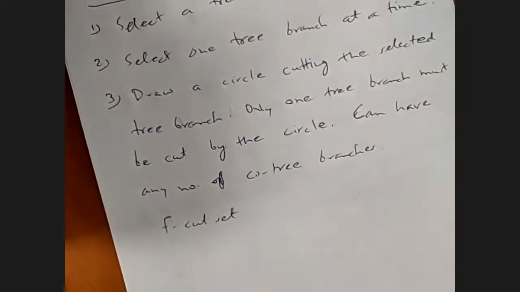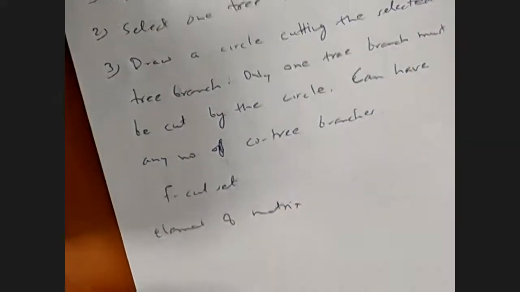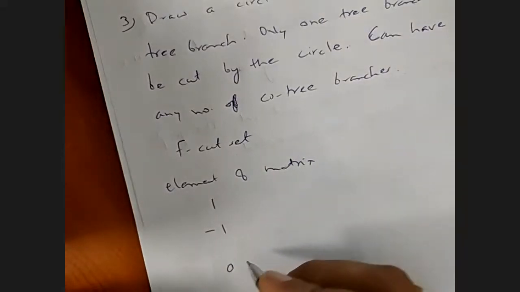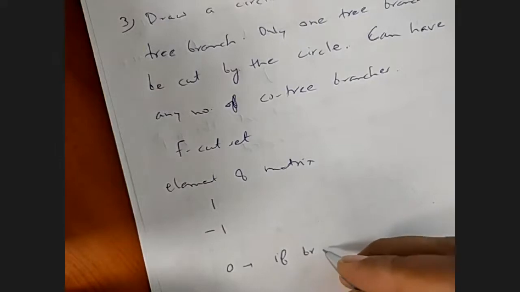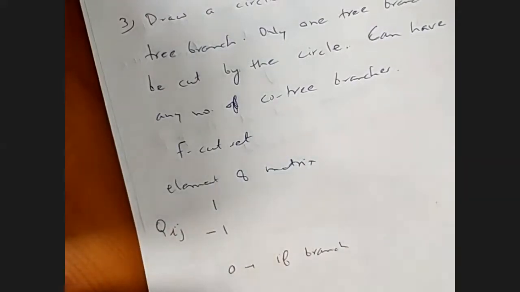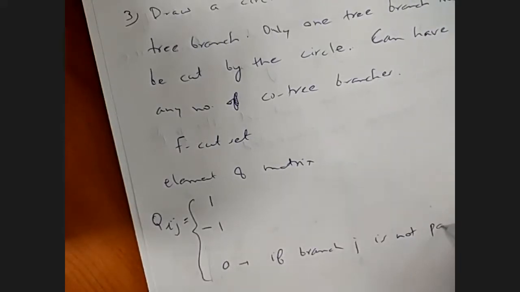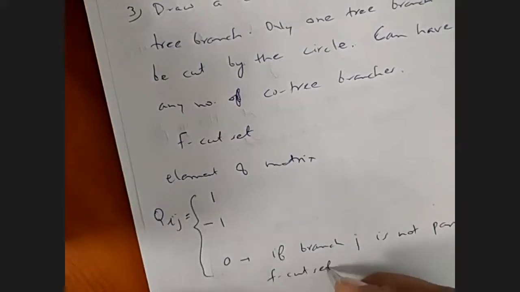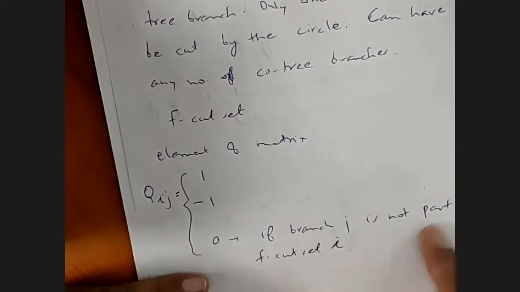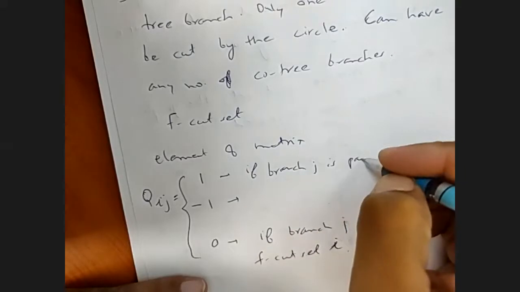Then the element of the matrix will be 1, -1 or 0. तो 0 if, इसको हम लिख देते हैं Q_ij, 0 if branch j is not part of F cut set i. अगर उस कट सेट का वो ब्रांच पार्ट नहीं है, the element will be 0, and 1 or -1 if branch j is part of the cut set.